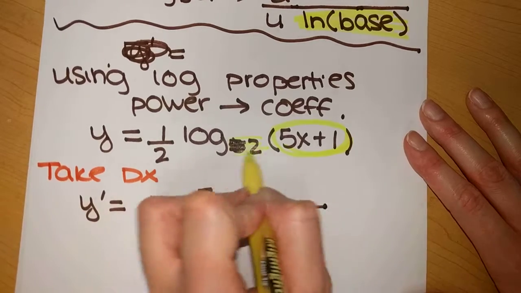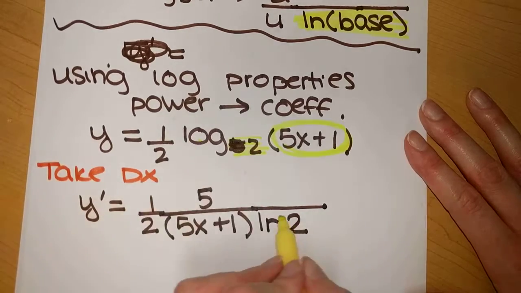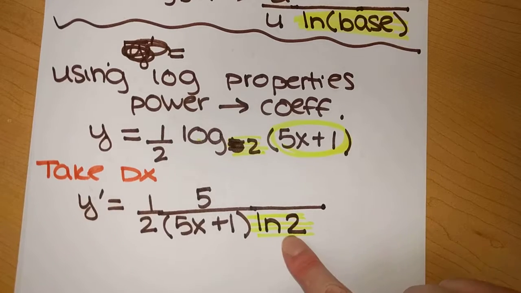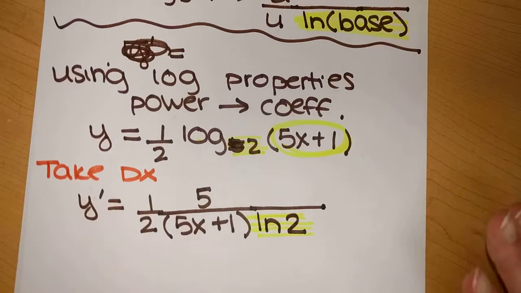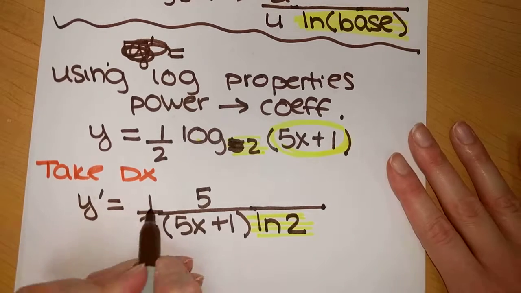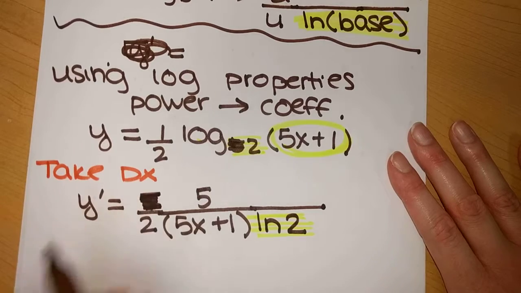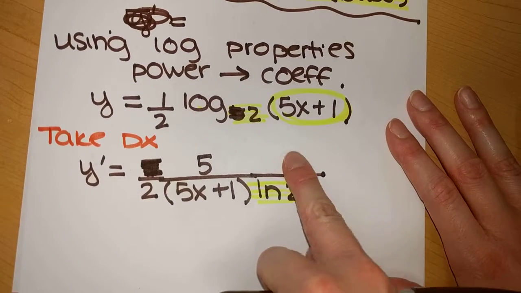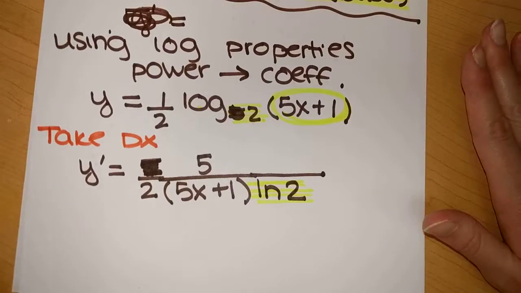So this log base 2 is going to become natural log of 2, and that's how I account for the fact that this isn't just an ln. And this would be my final answer if I just do one thing. This 1, 5 looks very awkward, so if I just erase that little 1 and just have 5 in the numerator over this, then that would be my final answer.